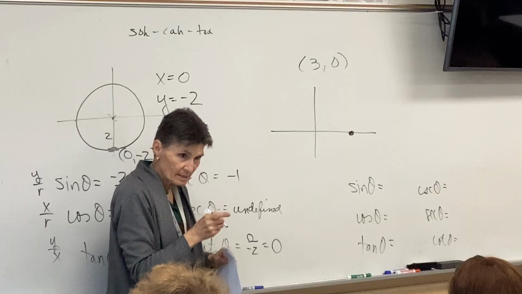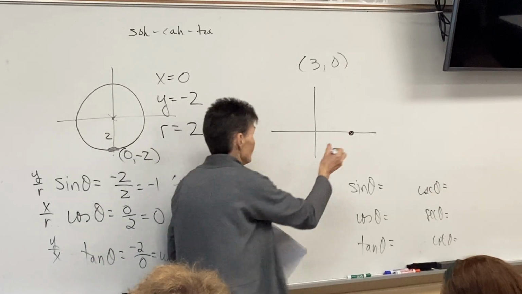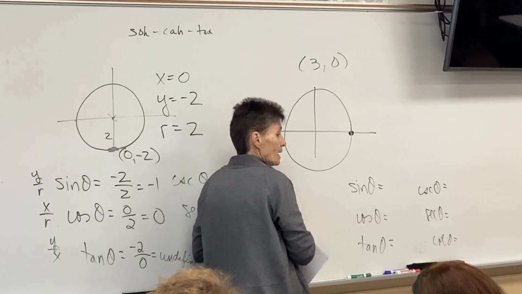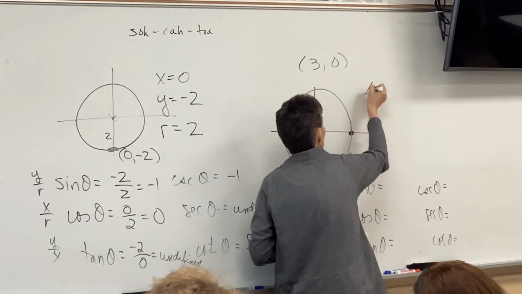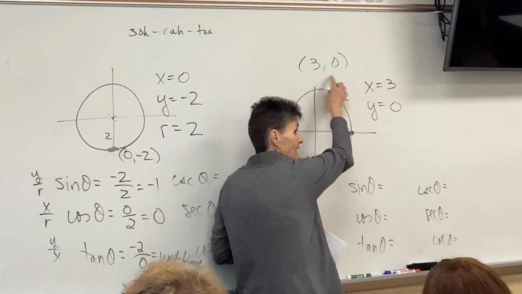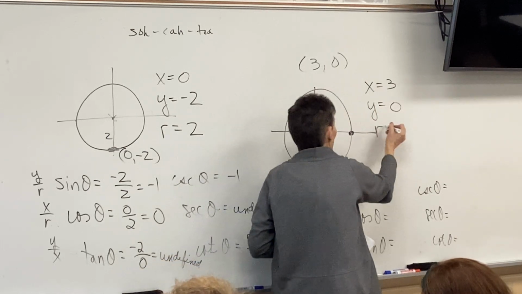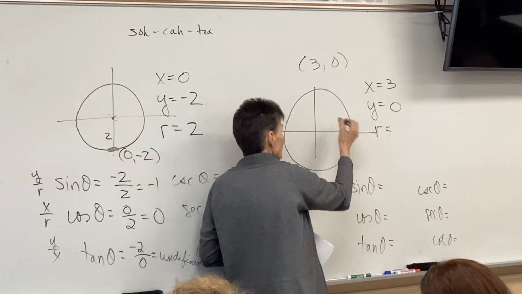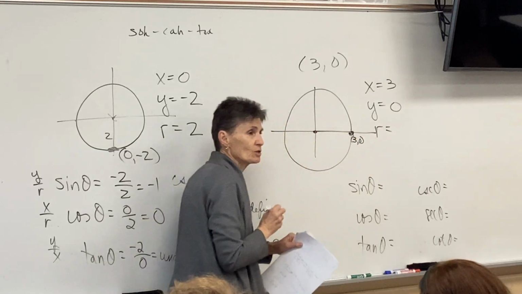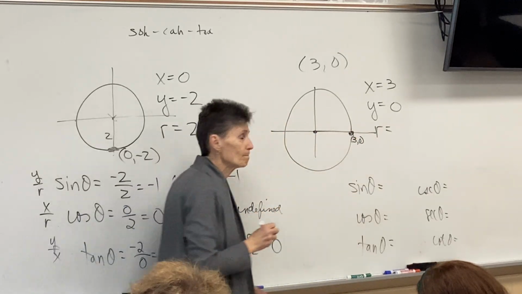If it's on an axis, you draw a circle. And for this circle, we know that x is 3 and y is 0. They told me that. What is the radius of this circle? If this is the point 3, 0, what's the radius of the circle? 3.